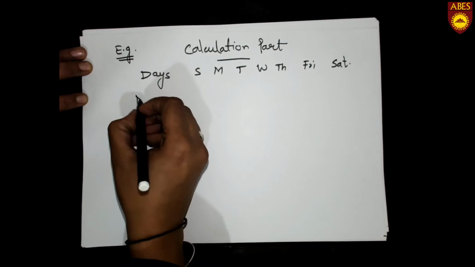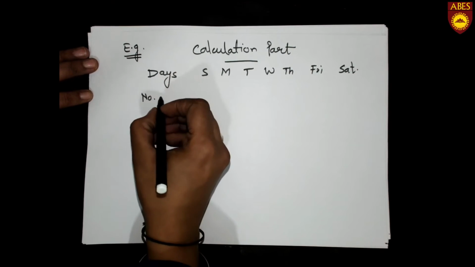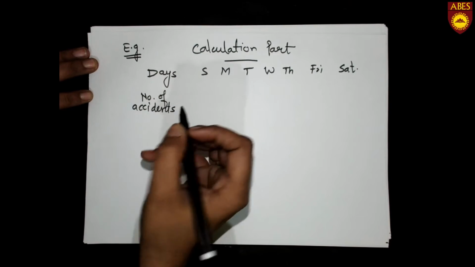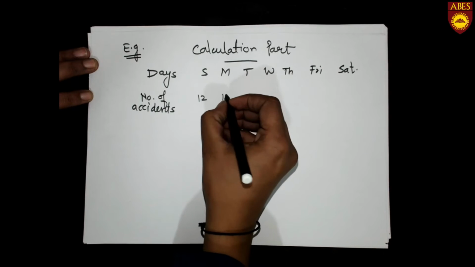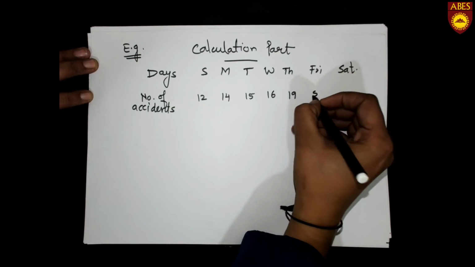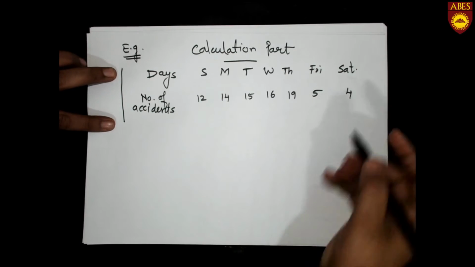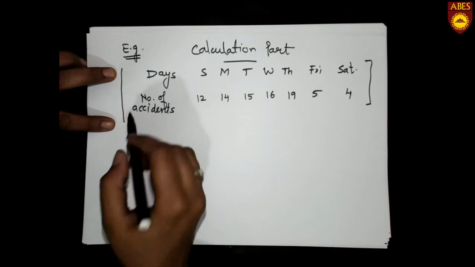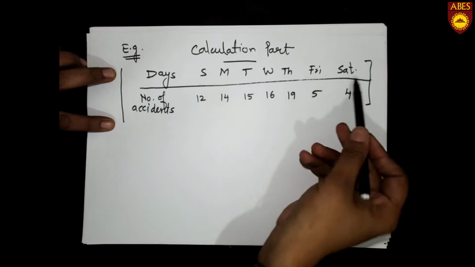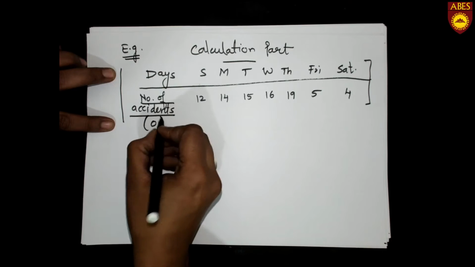I have some observed values, the number of accidents per day, and I'm giving these random values as 12, 14, 15, 16, 19, 5 and 4. This is one example where given data is provided, where we are working on the variable of days from Sunday to Saturday, and the number of accidents is my observed value.